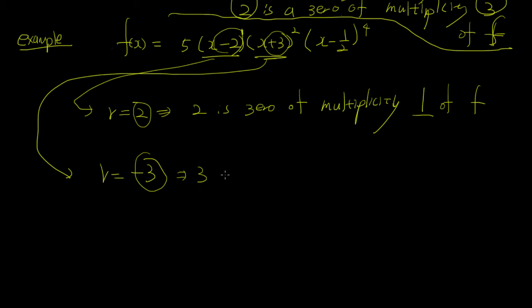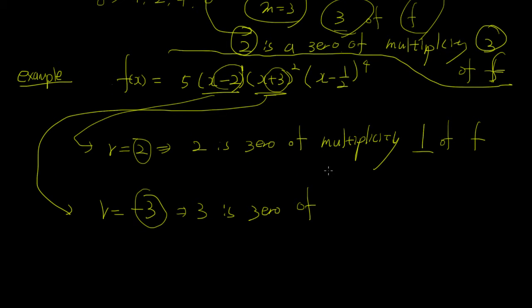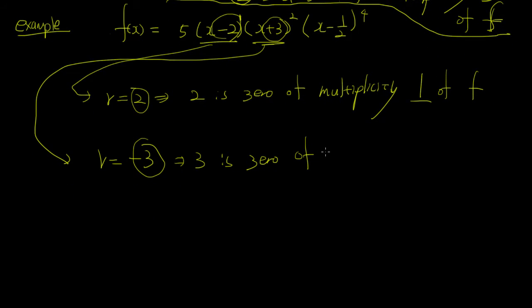So negative 3 is a zero of multiplicity 2 of f. Now we have one more right here. In this case r is 1/2.